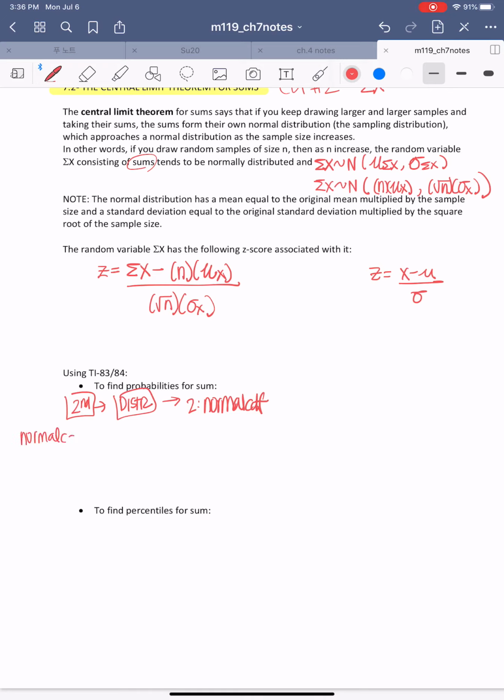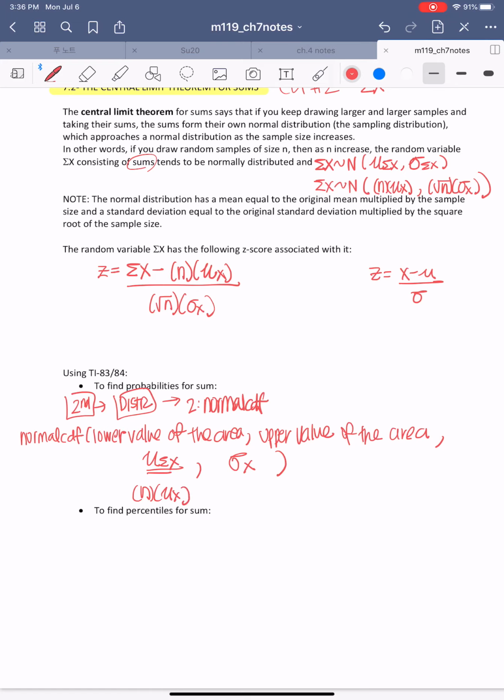Normal CDF: first number, the lower value of the area; then the upper value of the area; then our mean of the sum; and the last number is the standard deviation for the sum. So those 4. The mean for the sum can be calculated as n times mu of x, and the standard deviation is the square root of n times sigma of x.